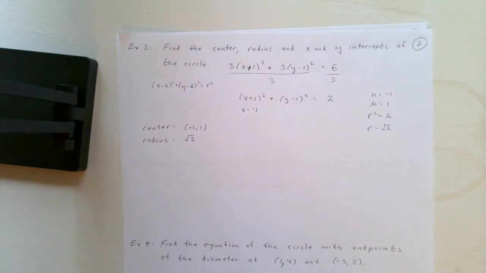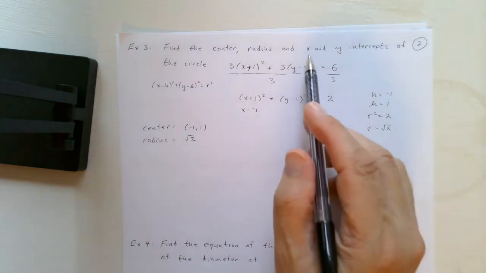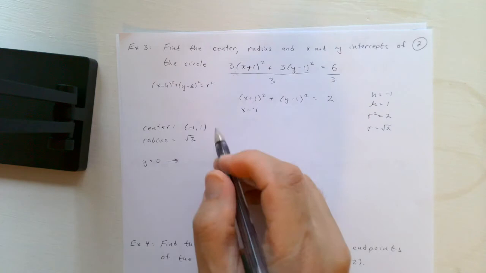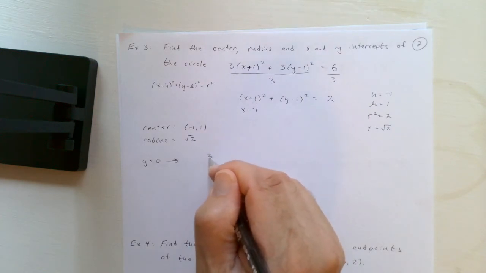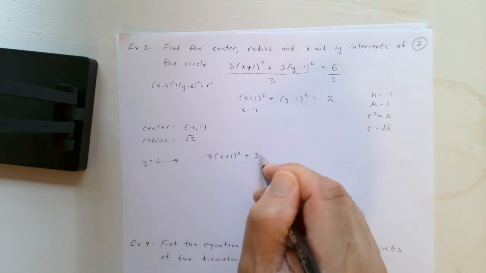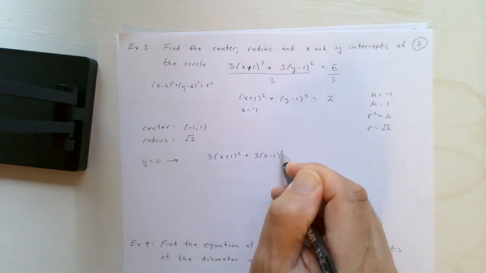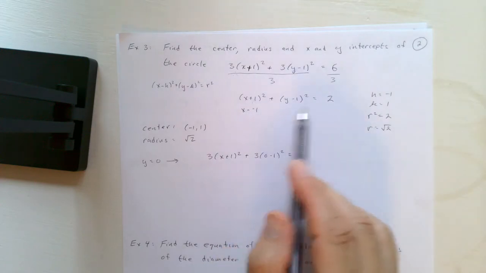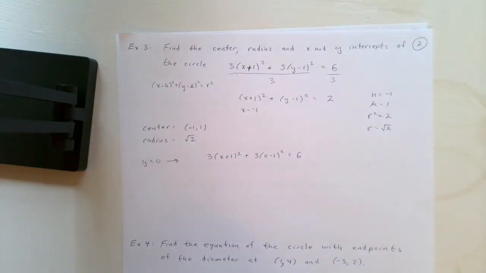And then to find the x- and y-intercepts, remember to find the x-intercept, we set y equals 0. So what we get is 3 times (x plus 1) squared plus 3 times (0 minus 1) squared equals 6. That was our original equation. I guess we could have also just plugged that in here.